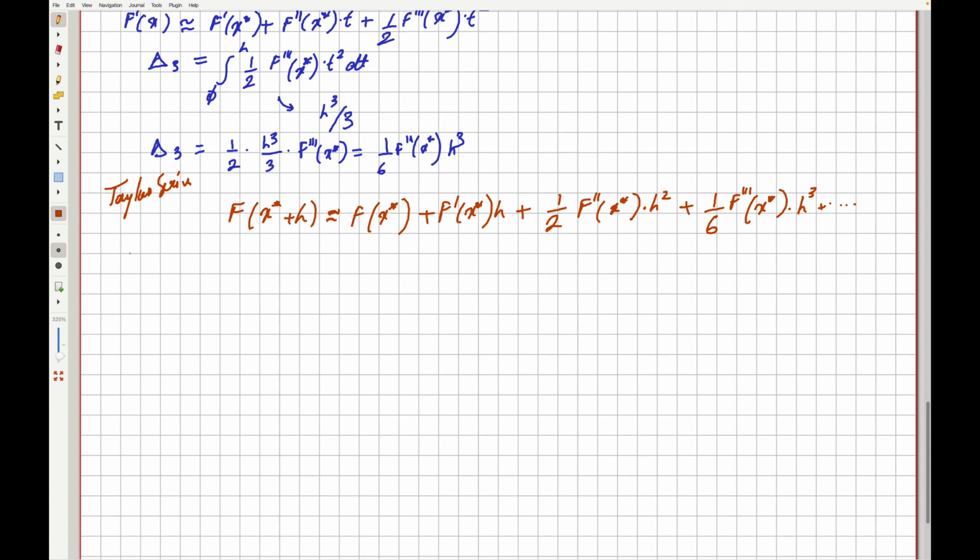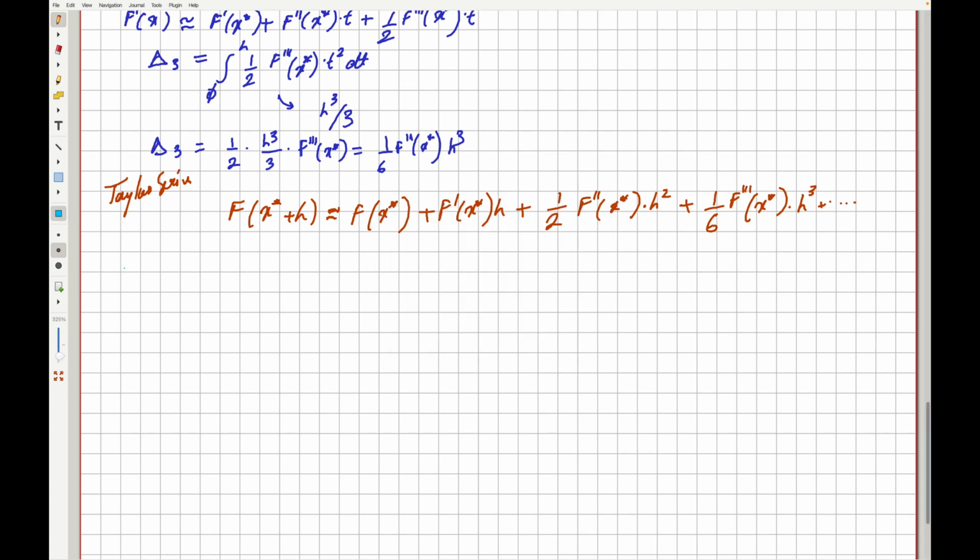Let's look at a simple example. Imagine that we are given f prime x star is equal to 3, f double prime x star is equal to 1, f triple prime x star is equal to 0.5, and the horizontal step h is 2 meters. Using the slope we have 3 times 2 is equal to 6, that's the height.